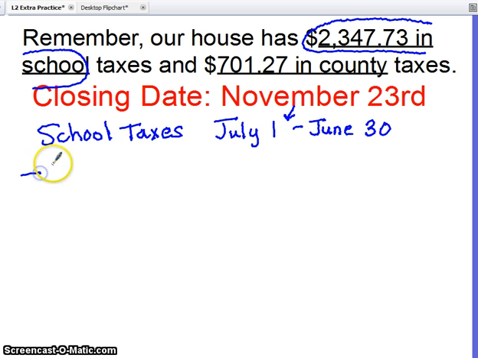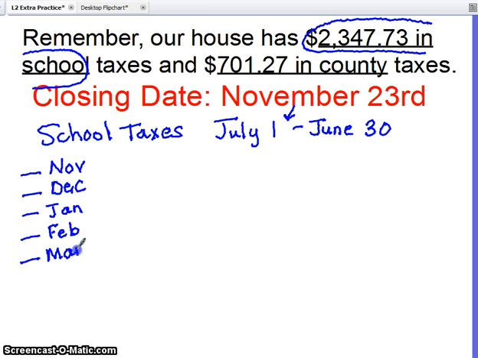That means we're going to own the house some of November, all of December, all of January, all of February, all of March, all of April, all of May, and all of June. And we stop there since the calendar year for school taxes ends with June.